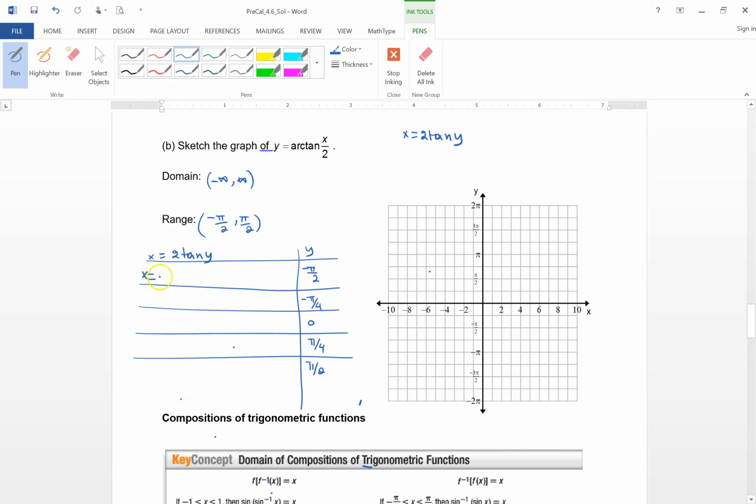So x is equal to 2 tangent negative pi over 2. What's tangent at negative pi over 2? What does tangent have at pi over 2 and negative pi over 2? Okay, so for the regular tangent, where is the asymptote? At negative pi over 2 and pi over 2. So this is undefined. Okay?